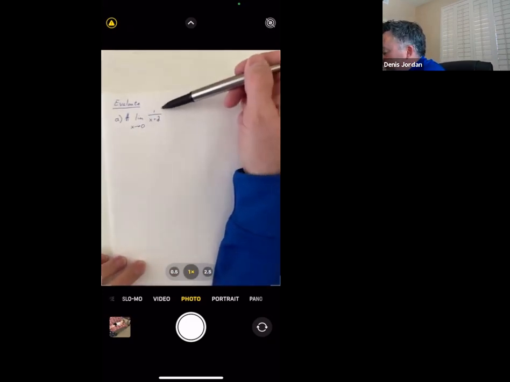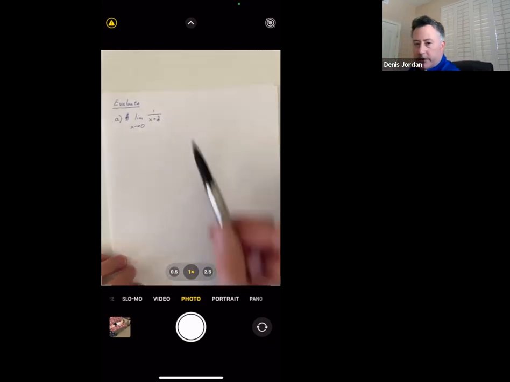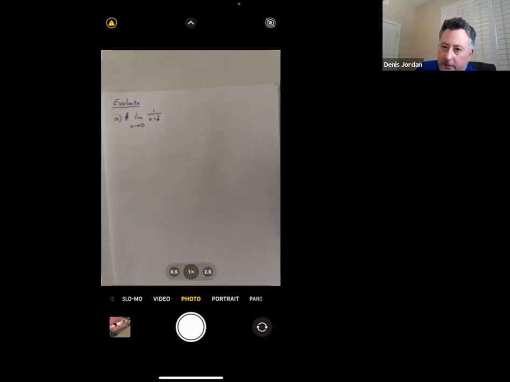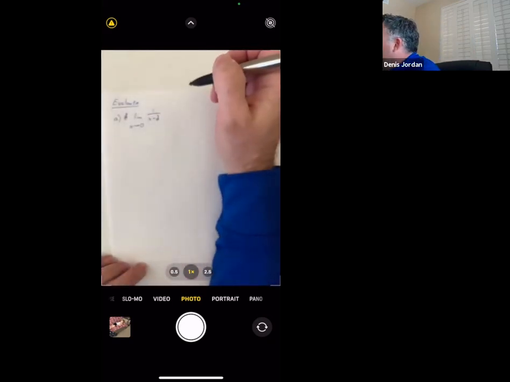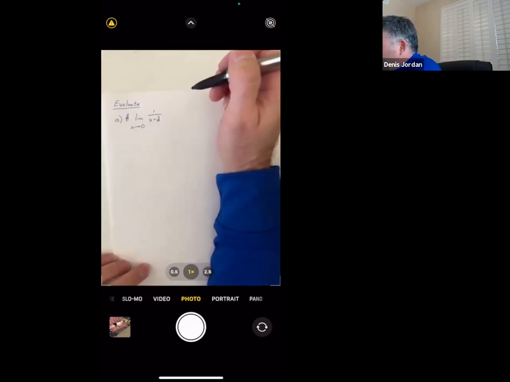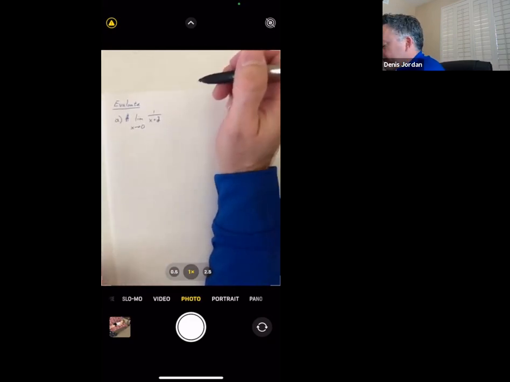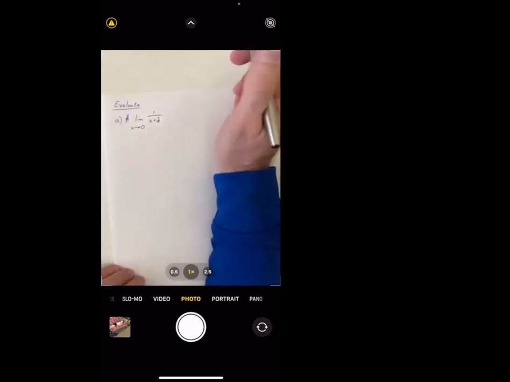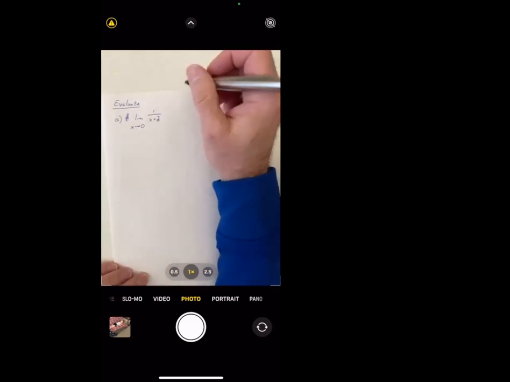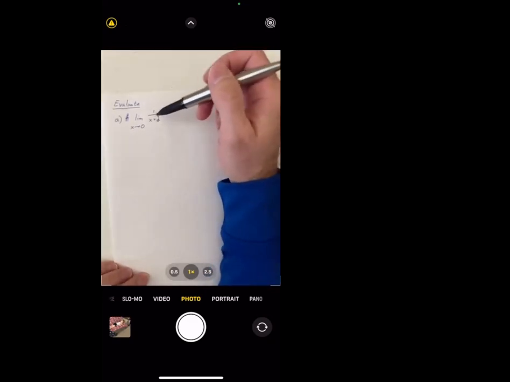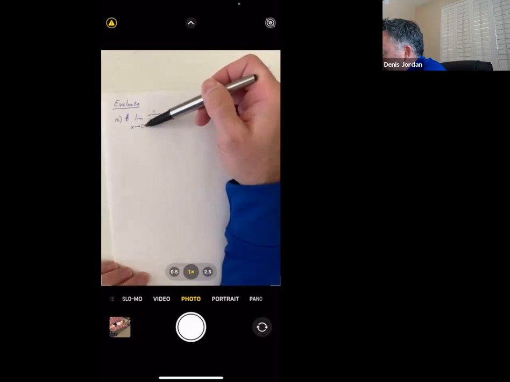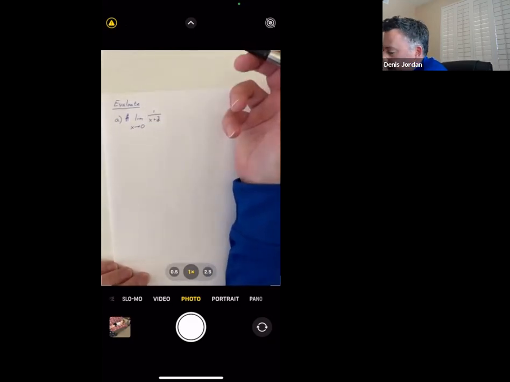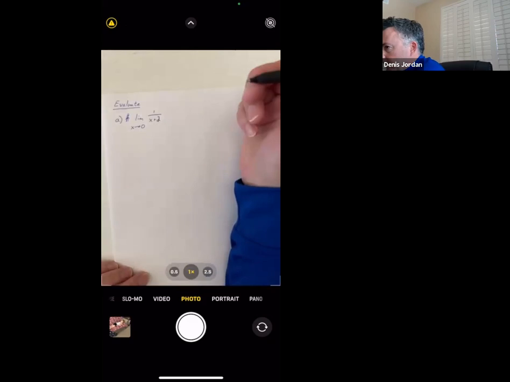So whenever you see a limit like this, what is your goal? What would you like to have happen? Well, you would want to be able to plug the x value into the equation to calculate the limit, right? Yeah, you really, really want to plug in this number, because if you can, then you're done and you have an answer.